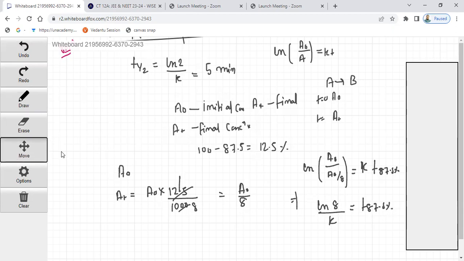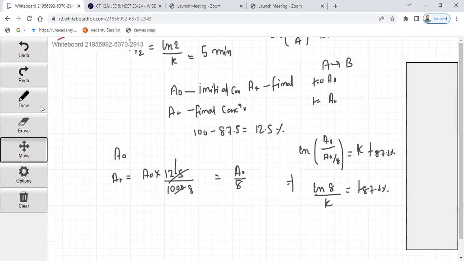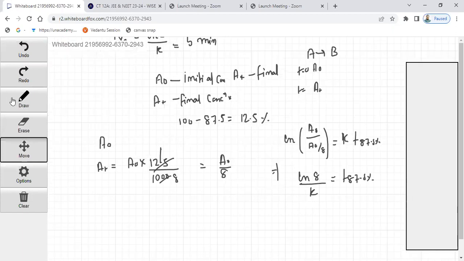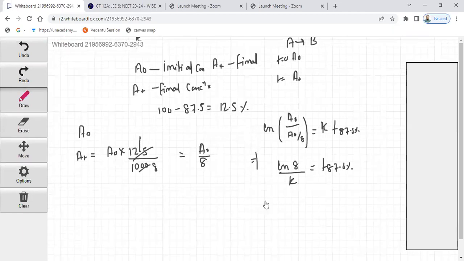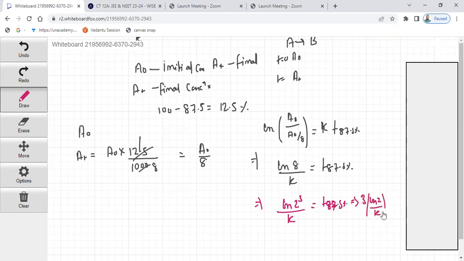We can write 8 as 2 to the power 3, so 3 ln 2 divided by k is equal to t 87.5%.